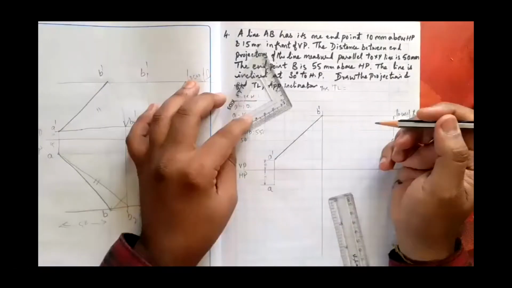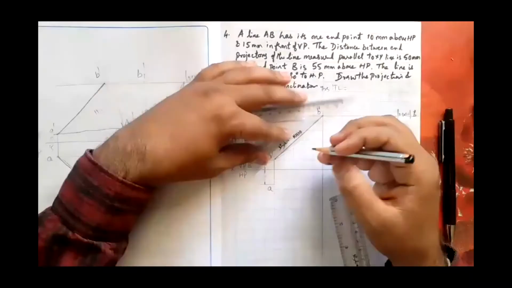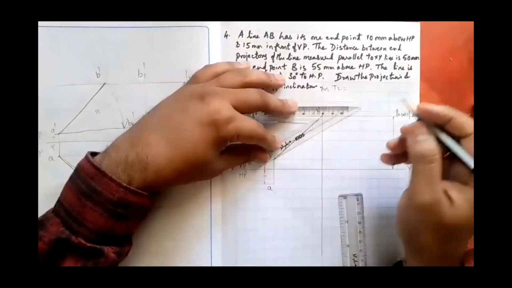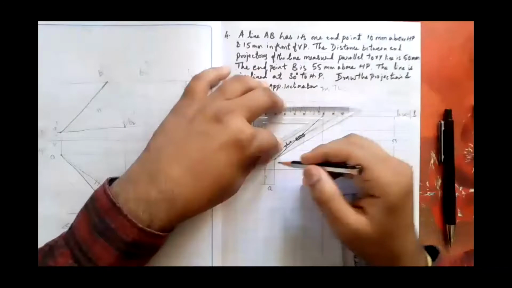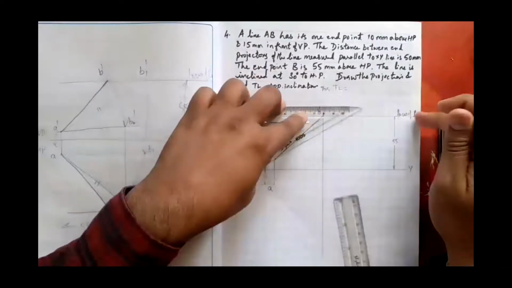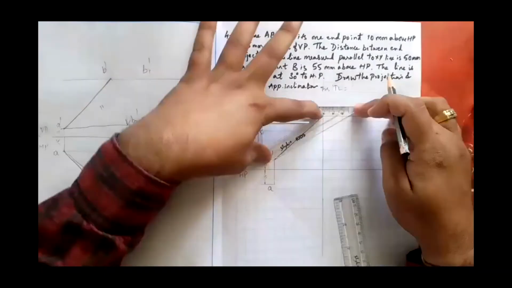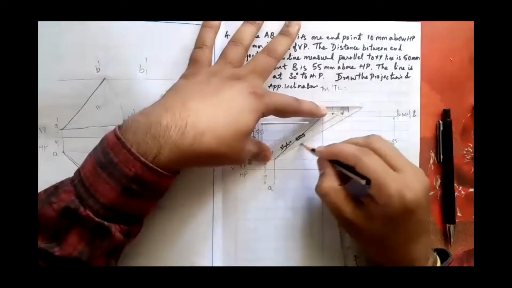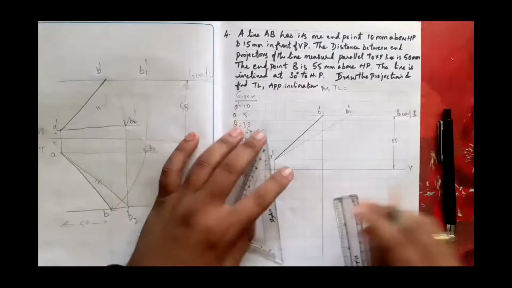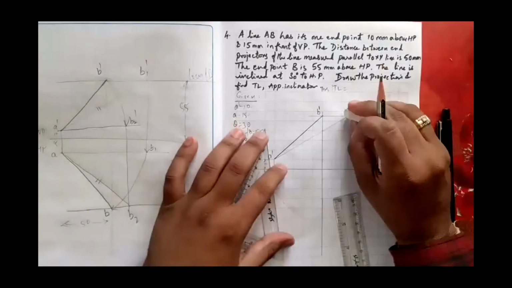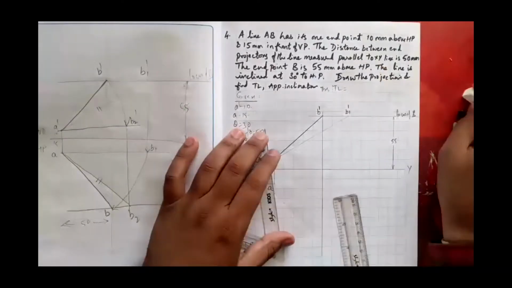I don't know how much length I have to extend because true length I don't know. But theta is at 30 degrees, and I know the end point ends somewhere here on the locus. So draw a line. So this is B1 dash.